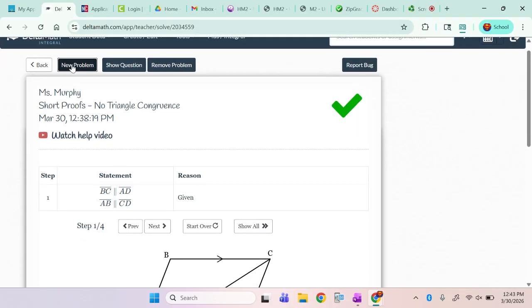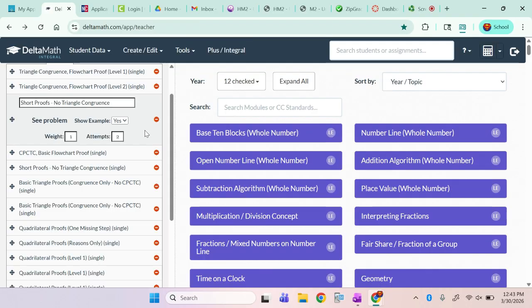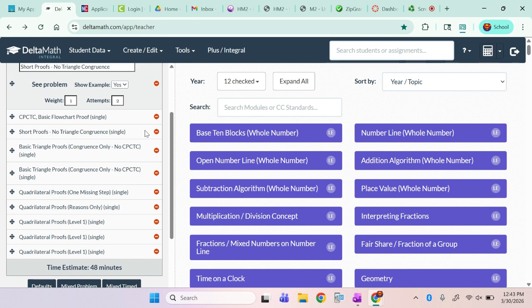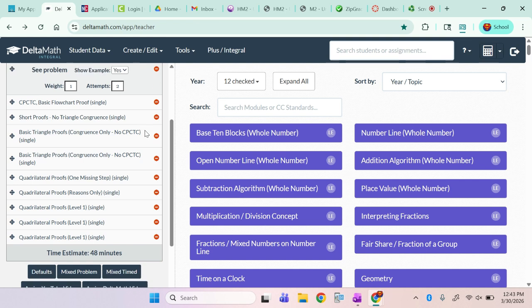All right. Let's try quadrilateral proof. So go to the first one that says quadrilateral proof, missing step.